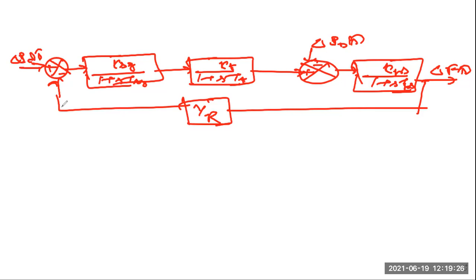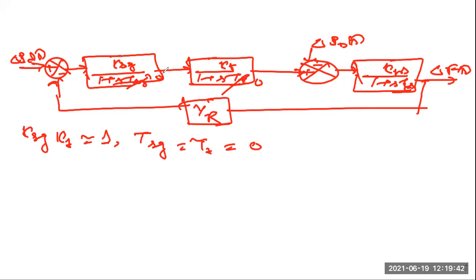Now in this case, we are assuming KSG into KT is equal to 1, and TSG equal to TT equal to 0. So this particular portion becomes 1. So finally, we are getting the block diagram. This is your delta PCS.